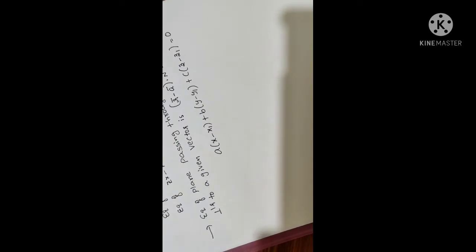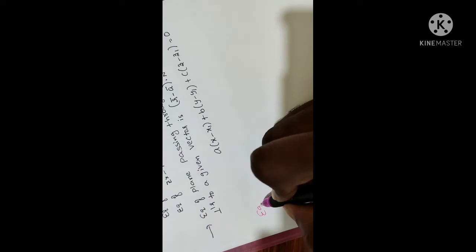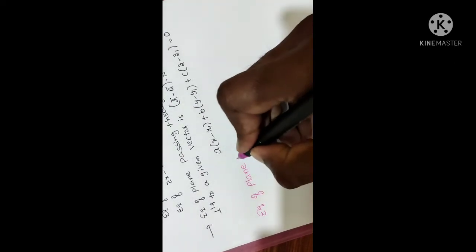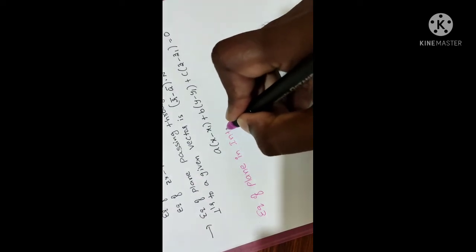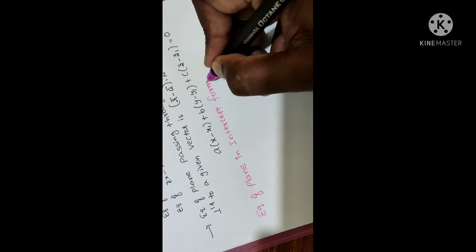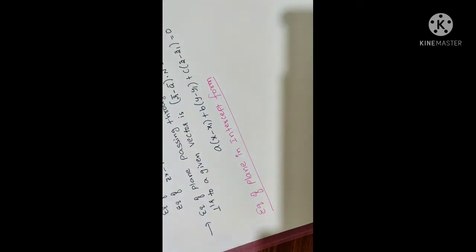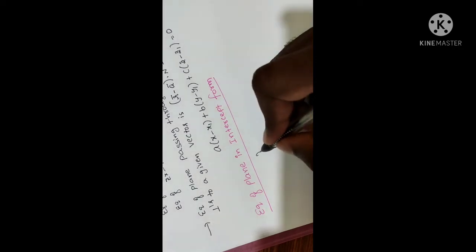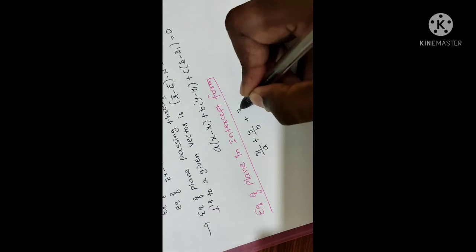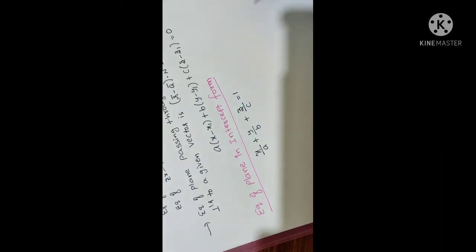And the next concept, equation of plane in intercept form. Equation of plane intercept formula: x by a plus y by b plus z by c is equal to 1.